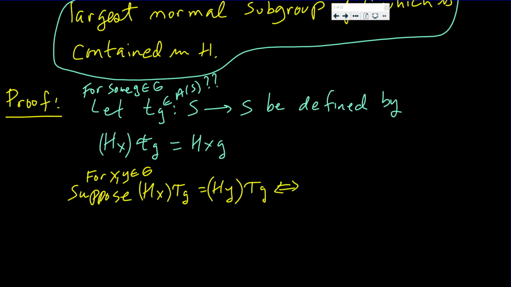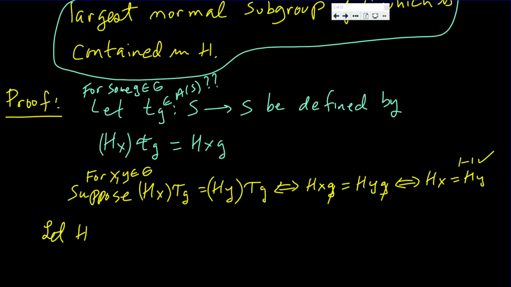That's, by definition, Hxg is equal to Hyg. But we can cancel off the g's and we get Hx equals Hy. So we have one-to-one.